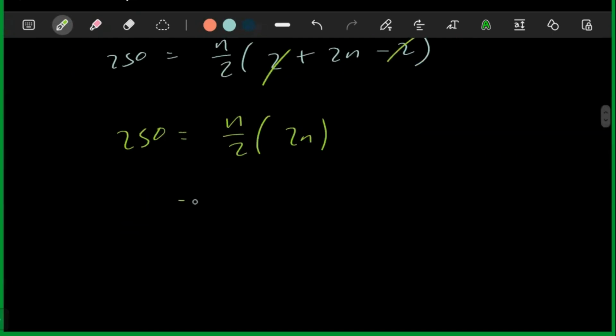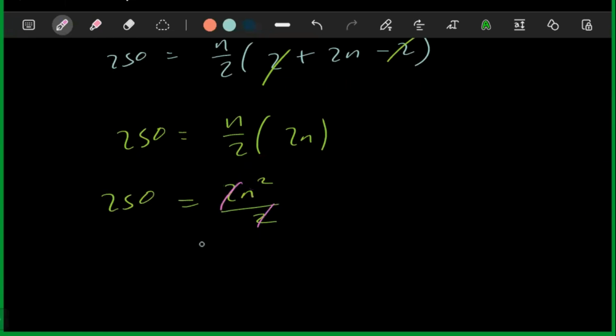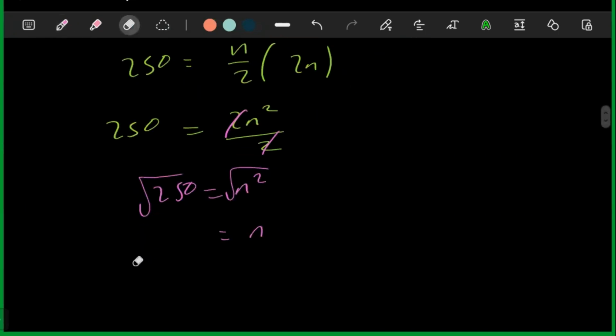Now, if you multiply these, you're going to have 2n squared over 2. This is 250, right? And then obviously, this can cancel that out, n squared equals 250. Now, the square root of 250, we're not going to use plus minus here because, logically speaking, our value of n cannot be a negative.